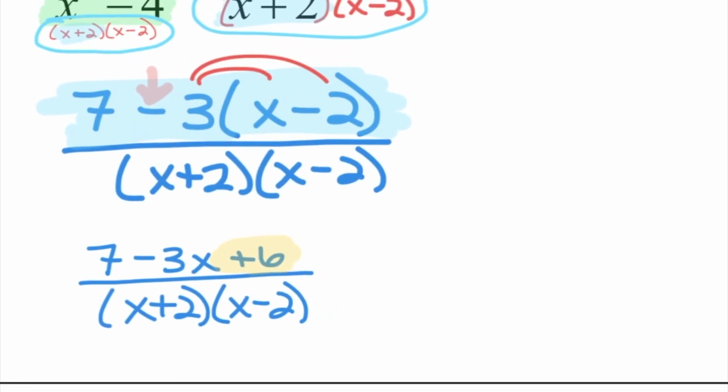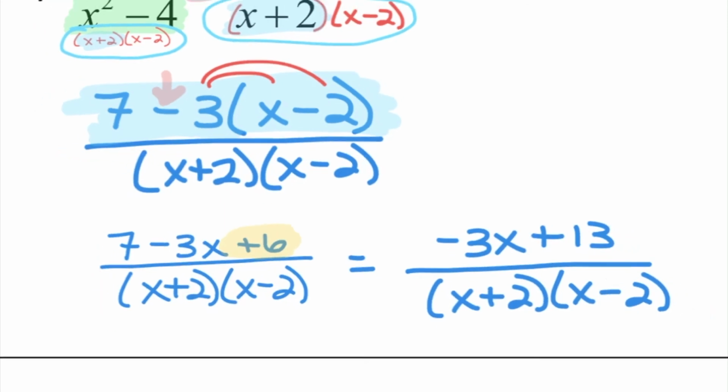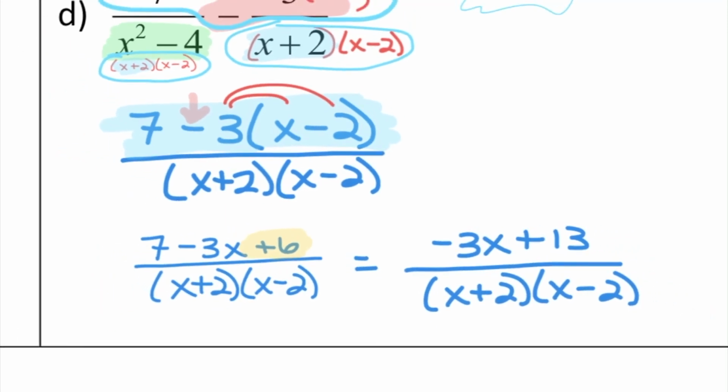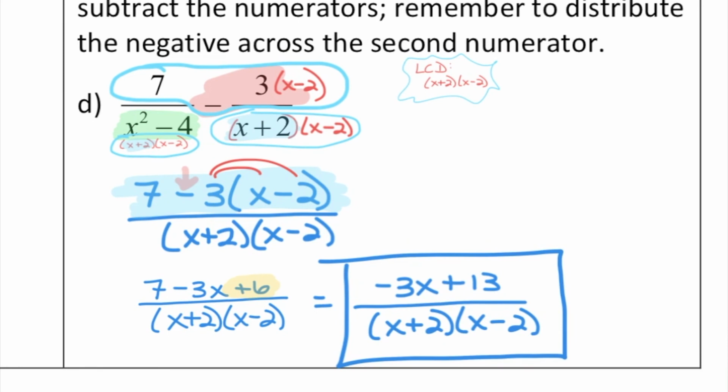And then you have to combine the 7 and the 6, so now I have minus 3x plus 13 over x plus 2 times x minus 2. Negative 3x plus 13 doesn't factor, and nothing would cancel, so this is completely simplified. And there's your subtraction.